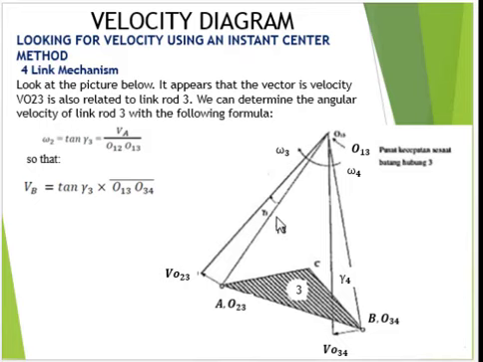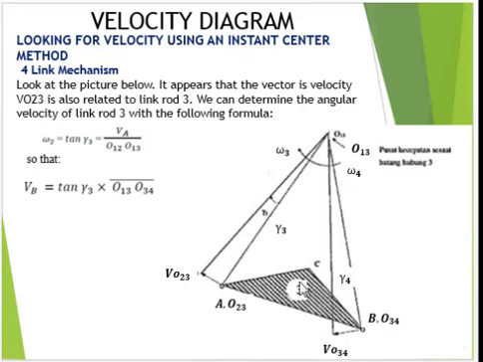Therefore the instant centers used to find omega 4 are O12, O13, and O34.